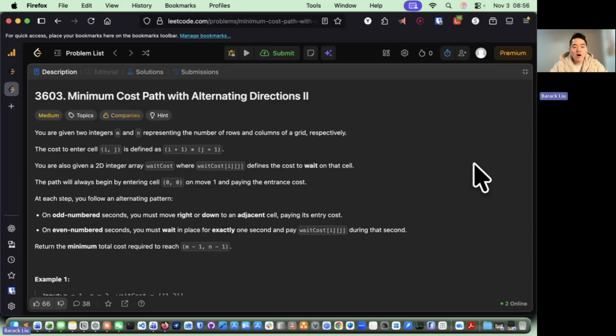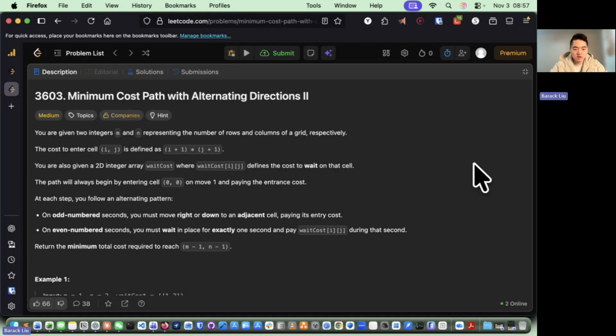The path will always begin by entering cell (0, 0) on move 1 and paying the entrance cost. At each step, you follow an alternating pattern: on odd-numbered seconds, you must wait in place for exactly 1 second and pay waitCost[i][j] during that second.